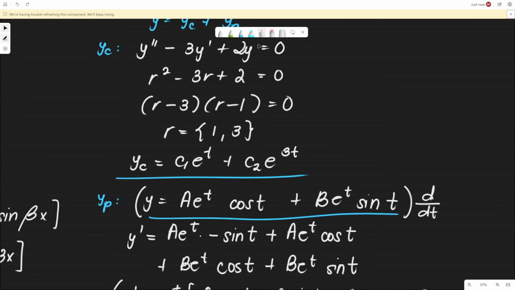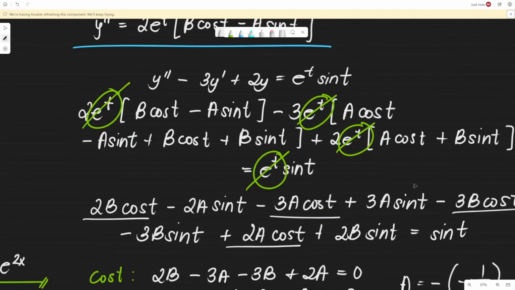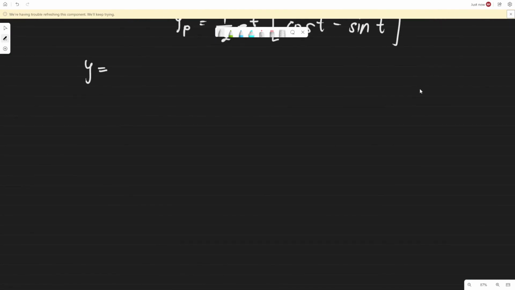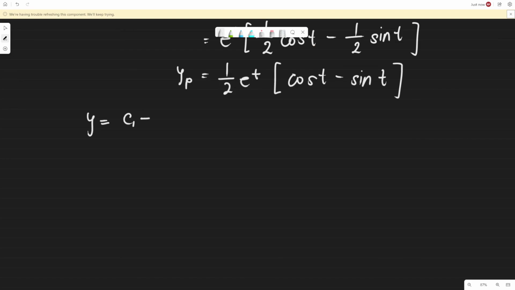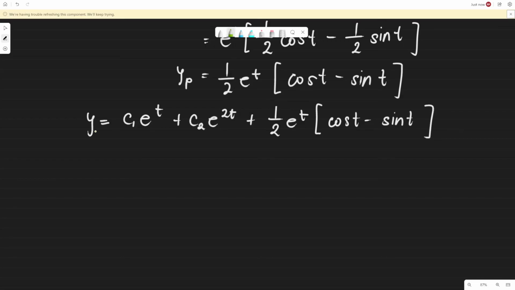Sorry. This is not 3, but instead 2. Mali pa. Ayan. So, C1 e^t plus C2 e^2t. So, Y is equal to C1 e^t plus C2 e raised to 2t plus 1 half e^t, cos t minus sin t. So, this is the answer.